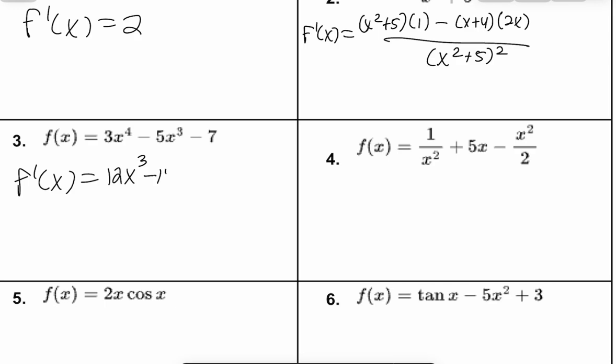We drop down in front. Make that a 15. So negative 15x squared. And you can put plus 0 here. I'm okay with, if you like the fact that the 7 becomes a 0, go for it. Again, I don't need simplification really. So even if you put 3 times 4x cubed and then negative 5 times 3x squared plus 0, sure, yeah, I mean, it's right. So I'm okay with that.